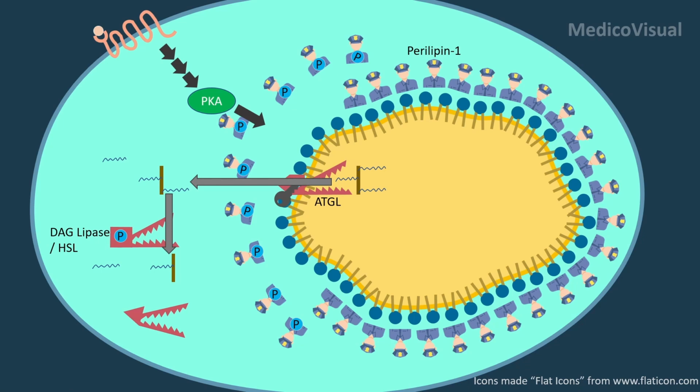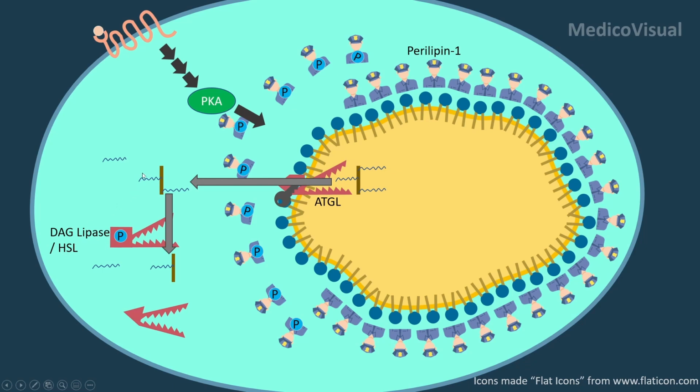hormones. So they named this lipase, and remember at that time this was the only lipase that was discovered inside the adipocyte. So they called this lipase hormone sensitive lipase or HSL.